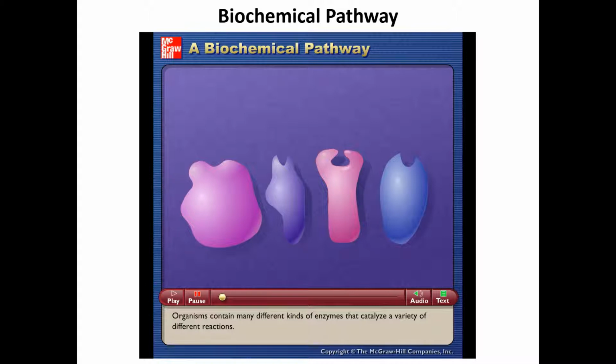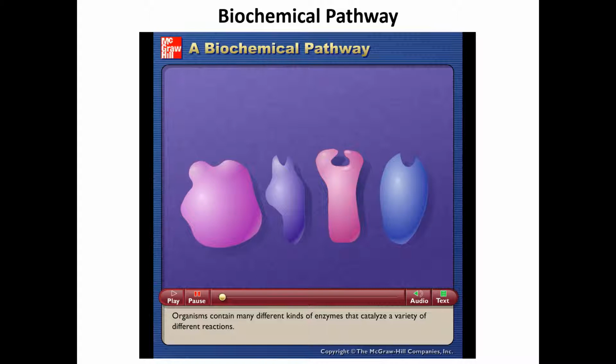When you talk about metabolism, you have a series of chemical reactions that don't go from A directly to product F. That isn't the case. That would require too much energy.